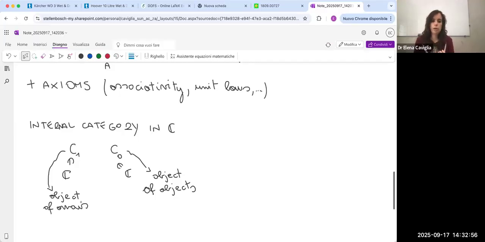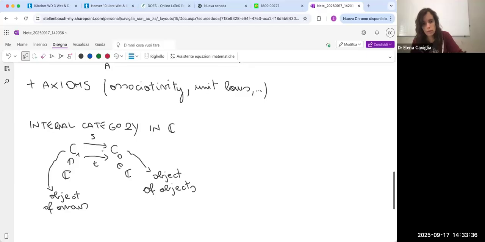And when we have an arrow, we need to be able to say what is the source or domain of this arrow and what is the target or codomain. So we will have two morphisms in C, source and target. These morphisms associate to every arrow in C1 its source and target, and these are objects in C0. Okay, so this is the idea.